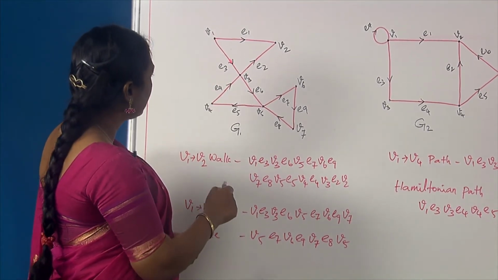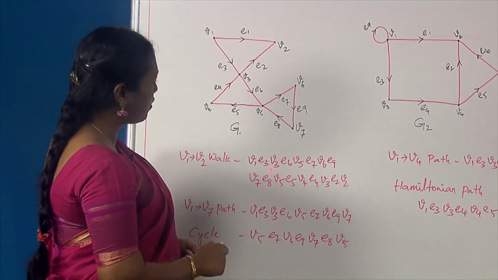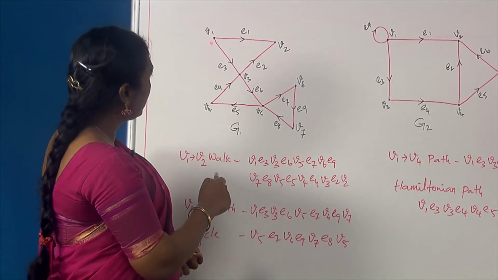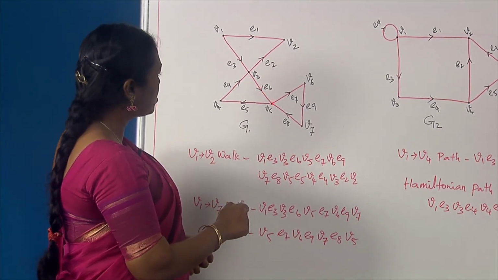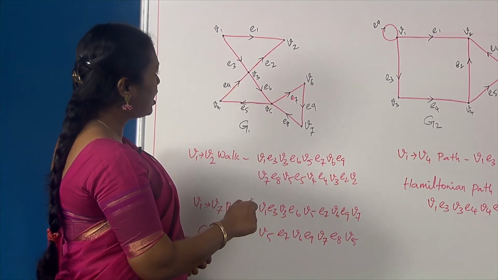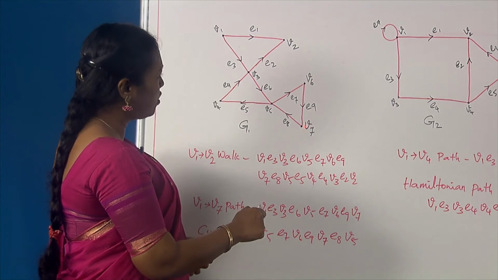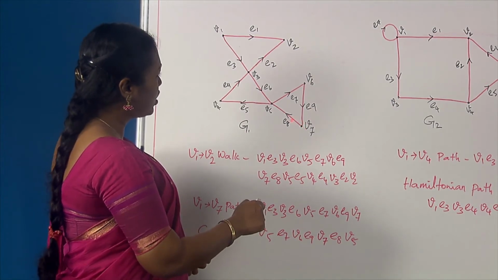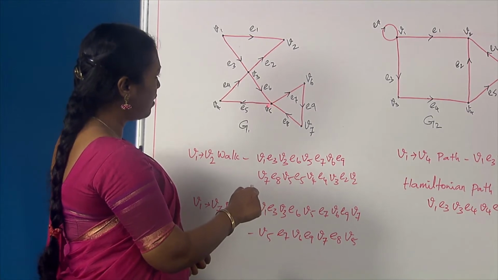So V1, E3, V3, E6, you can follow them here also. V1, E3, V3, then edge E6 to V5, and then edge E7 to V6, then from V6 through the edge E9 to V7, and through the edge E8 to V5, and see, you are repeating the vertex V5 again.